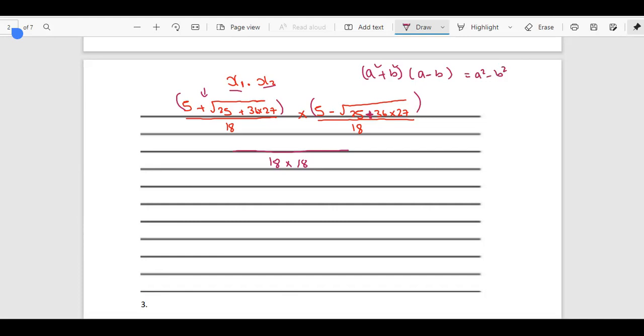So this means that in the numerator I can write down a square, since my a is 5, 5 square, then minus sign, and then b is this right here, so that would be under root 25 plus 36 into 27.